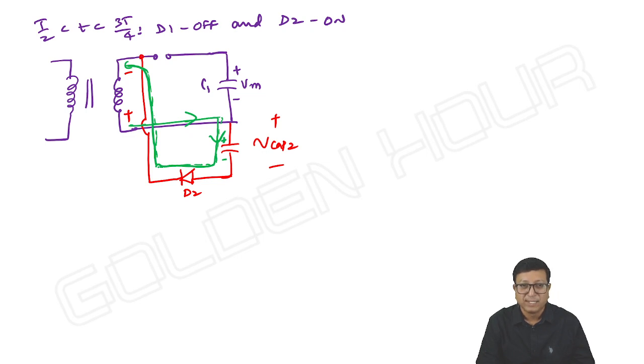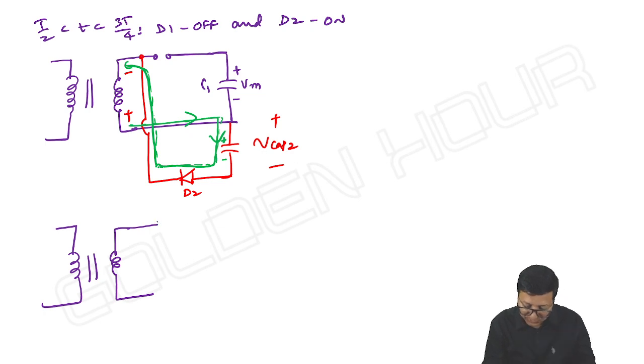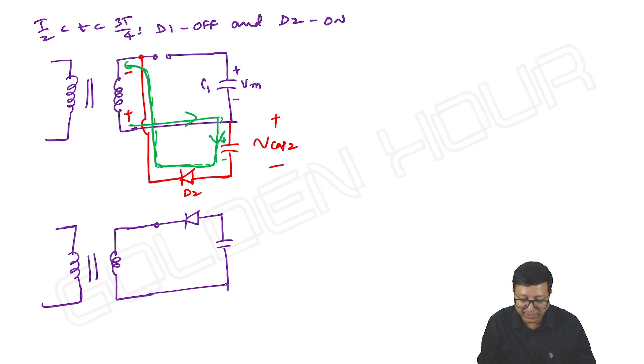And here also, if you take this loop equation, the same circuit can even be redrawn with D2 and C2. We can even write it like this.